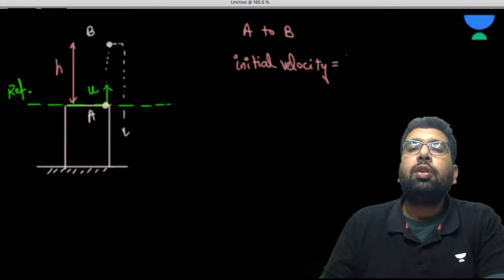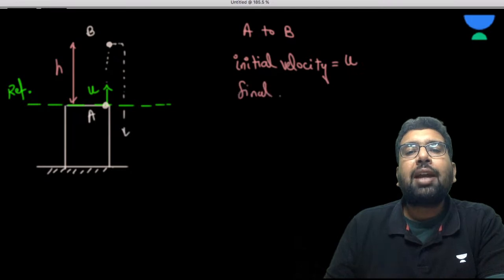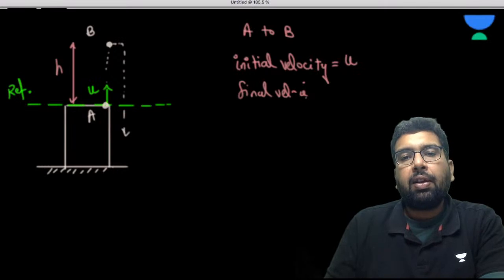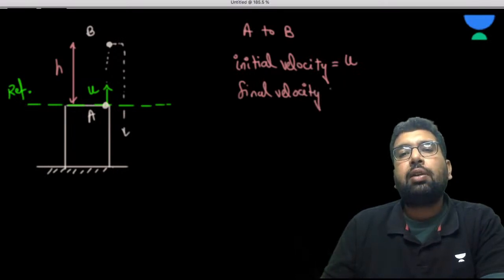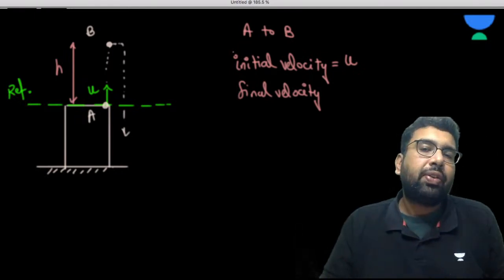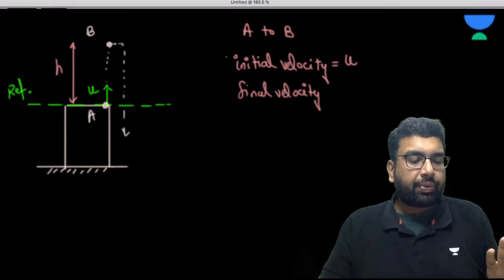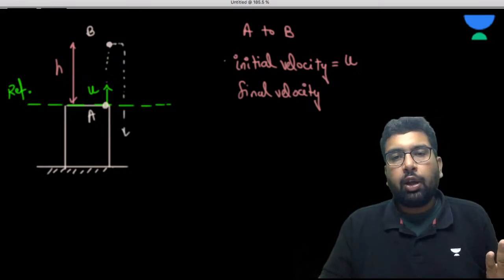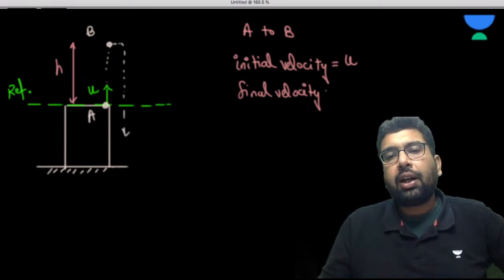So initial velocity is with us, that is u. What is going to be the final velocity at B? Okay, the motion is from A to B, so obviously the reference we are taking is from A. So final velocity is what? It is zero.